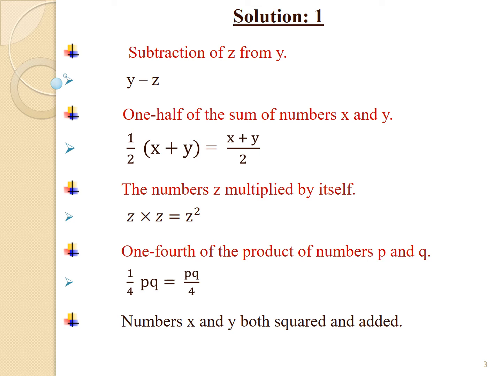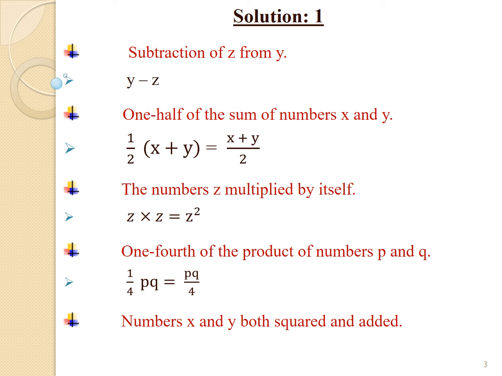Now, sum E. Numbers x and y both squared and added. Students, in this statement, first of all, we have to square both x and y. Then after, we have to add them.